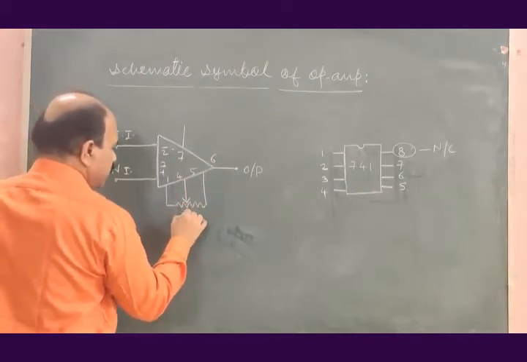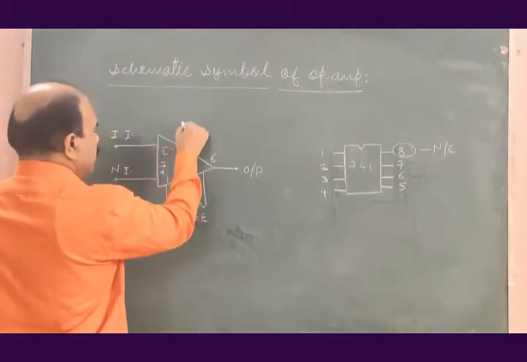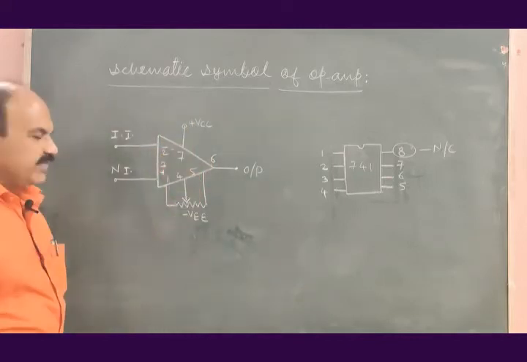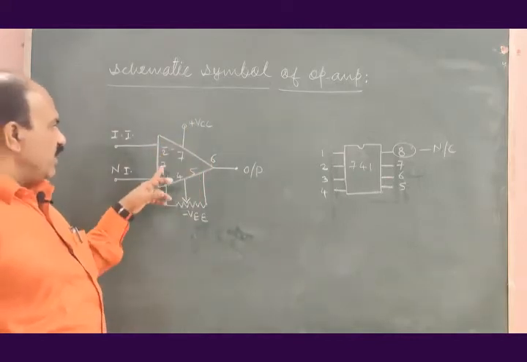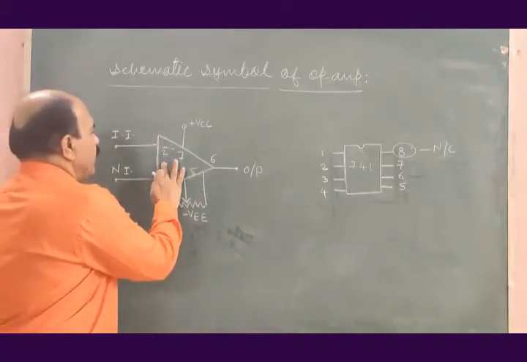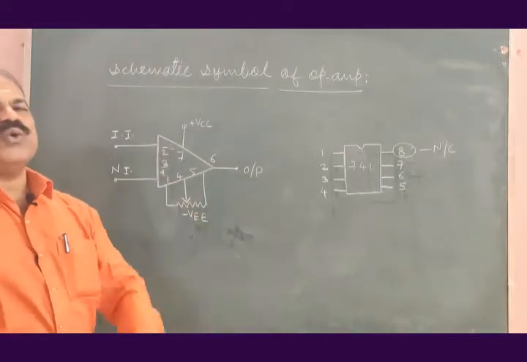This is connected to minus VEE. It is connected to plus VCC. How many pins are shown? 1, 2, 3, 4, 5, 6, 7. Pin number 8 is not shown anywhere because it is no connection pin.